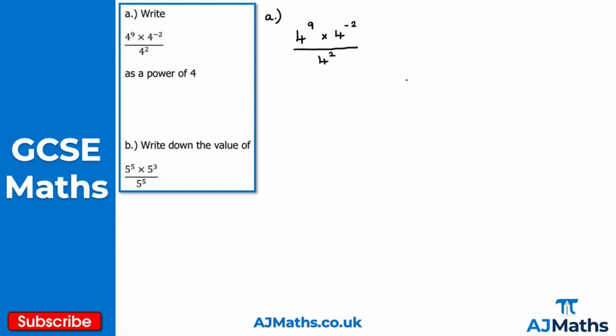Like we said, all we want to do here is express this as a power of 4. So where do we begin? Well, the very first thing I need to do is simplify the numerator. Because they share the same base and we're multiplying them together, we simply add the powers using the laws of indices. This would be 4 to the power of 9 plus minus 2. This power is 9, this power is minus 2, so we add those together. And this will all be over 4 squared.